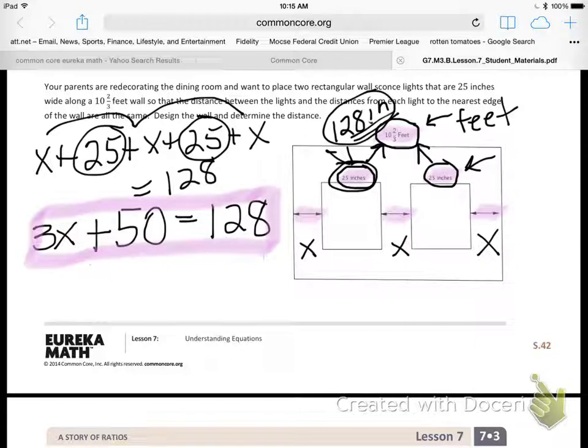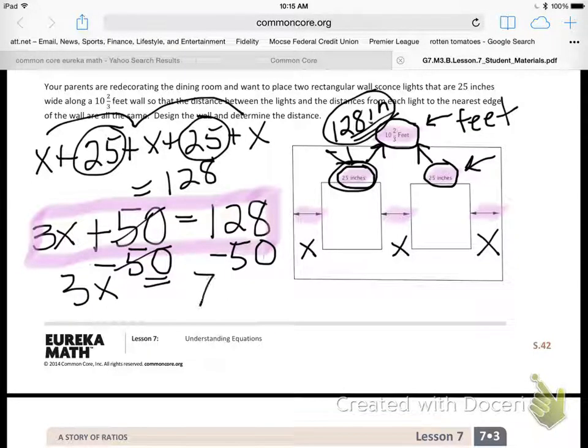We go through the steps to isolate the x. First thing to do, of course, is add the additive inverse of the 50 to both sides, and that is actually negative 50. So now we have 3x, because these cancel, equals 78. And then again we divide our 3x, or multiply by the inverse of 3, equals 78 over 3.